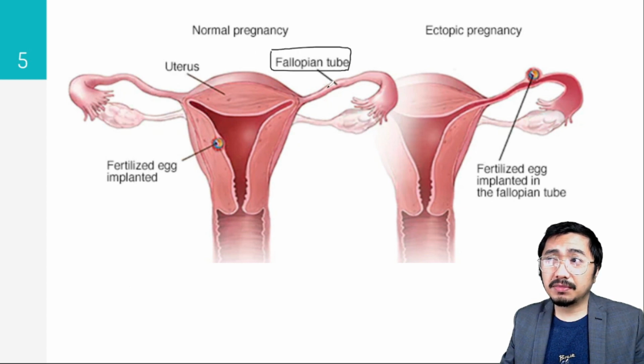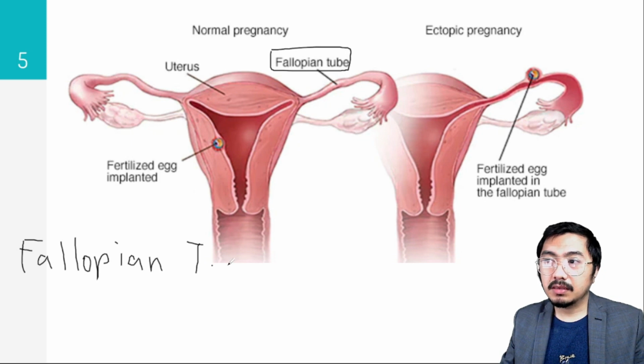But let's discuss the three female reproductive structures here and what are the medical terms we will use for the procedures for them, okay? First is your fallopian tube. For fallopian tubes, we'll call the procedure using the prefix salpingo.